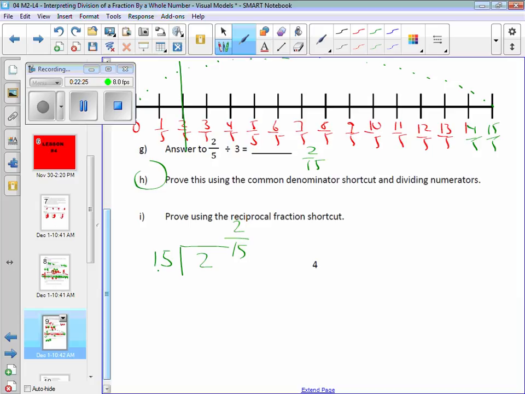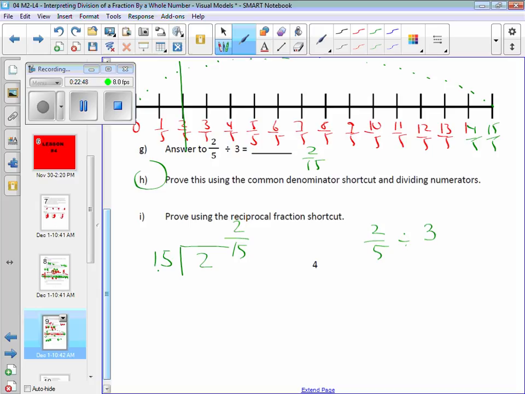What were my original fractions? What divided by what? Luke, say it. Don't even convert it yet. Originally, what was it? 2/5 divided by 3. Okay, ready? Watch this.